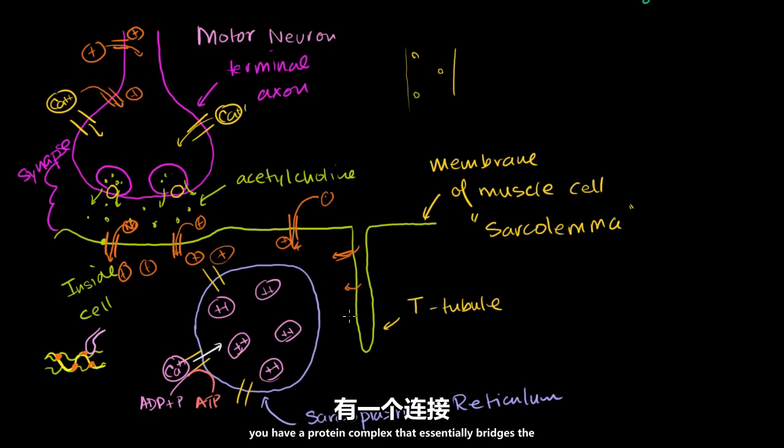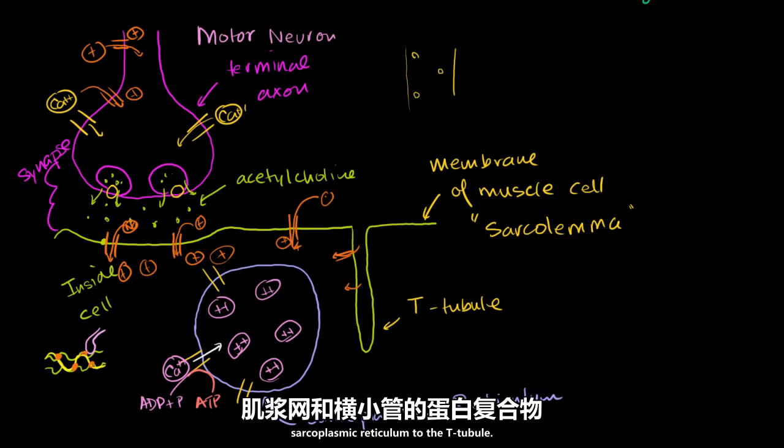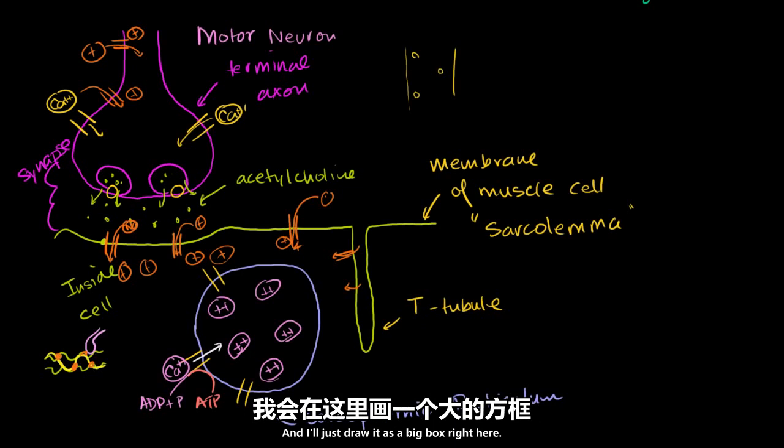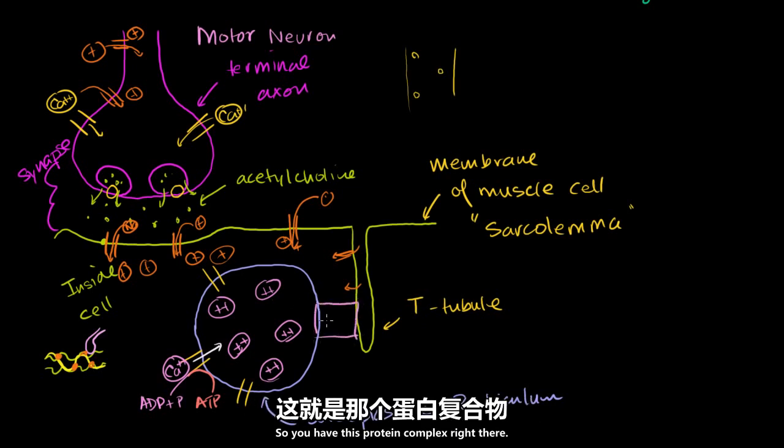Is that you have a protein complex that essentially bridges the sarcoplasmic reticulum to the T tubule. And I'll just draw it as a big box right here. So you have this protein complex right there. And I'll show you, people believe, I'll write some words out here.